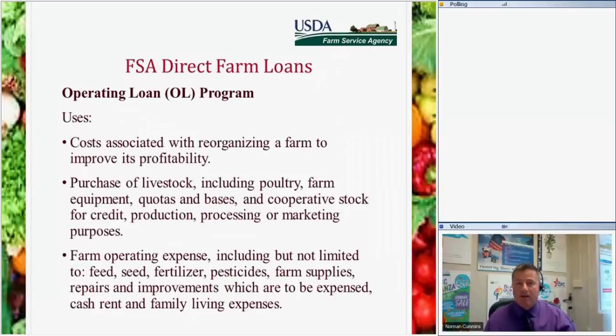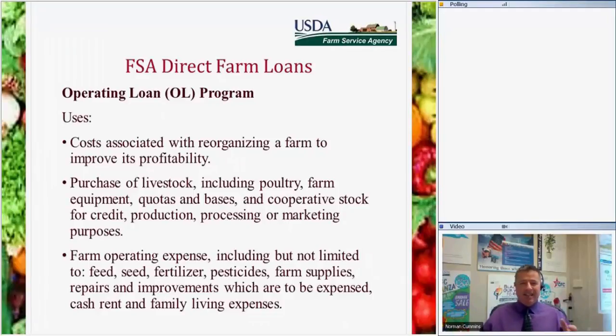All right, so operating loans. I just discussed the farm ownership loan, which is buying property. Operating loans are a big part of what helps farmers get started up. It's a big part of our microloan program where people are trying to start a business, and that's what you're doing as somebody getting into farming. You can use the money associated with reorganizing a farm to prove its profitability.